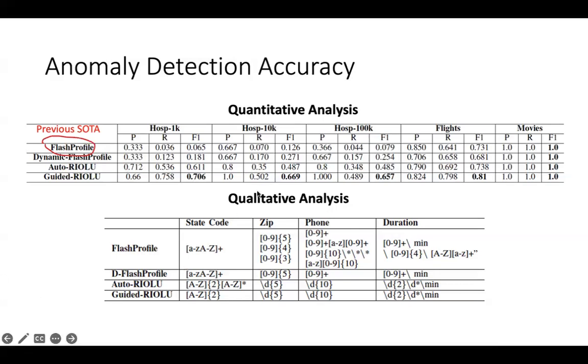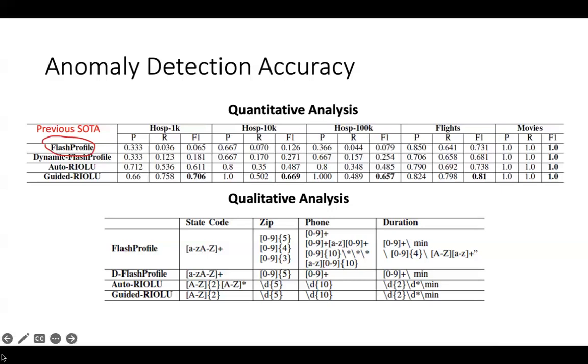You can also see from here the qualitative analysis, to understand the qualitative differences between the tools. For example, a state code should usually only accept two letters, such as ON for Ontario and QC for Quebec.